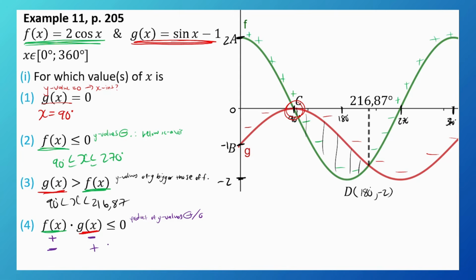So we already know g is always negative, except there where it's 0, but we want that part also. So this portion is not possible. So we need to see where the y values of g are negative, but f has positive.